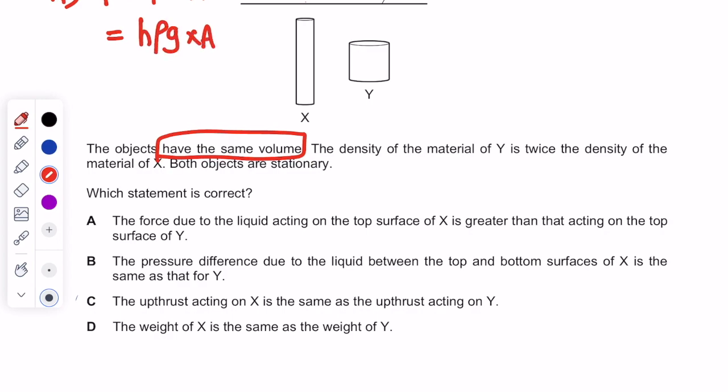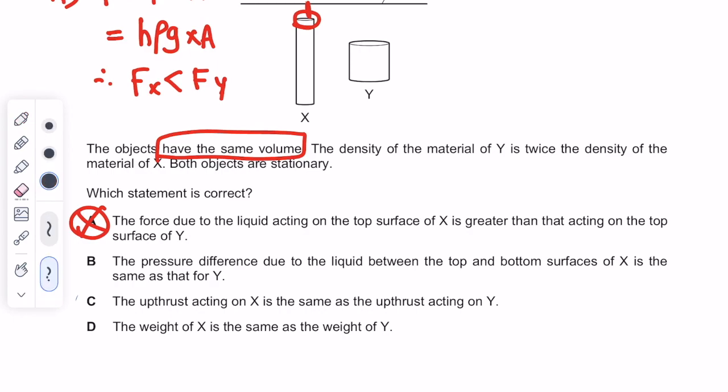H means the depth. If you look at X, X is not very deep, but it's also a small area. So from here we can understand force on X is actually smaller than force on Y. So this answer A is wrong.